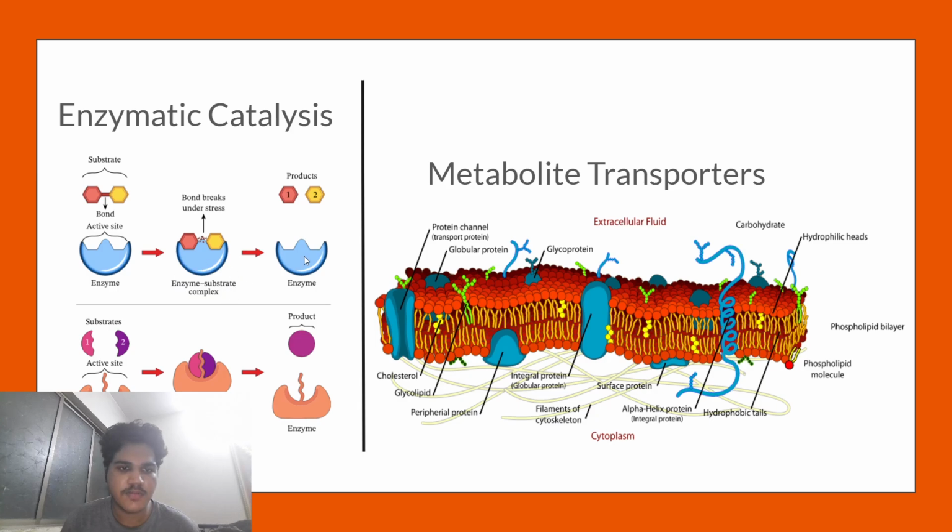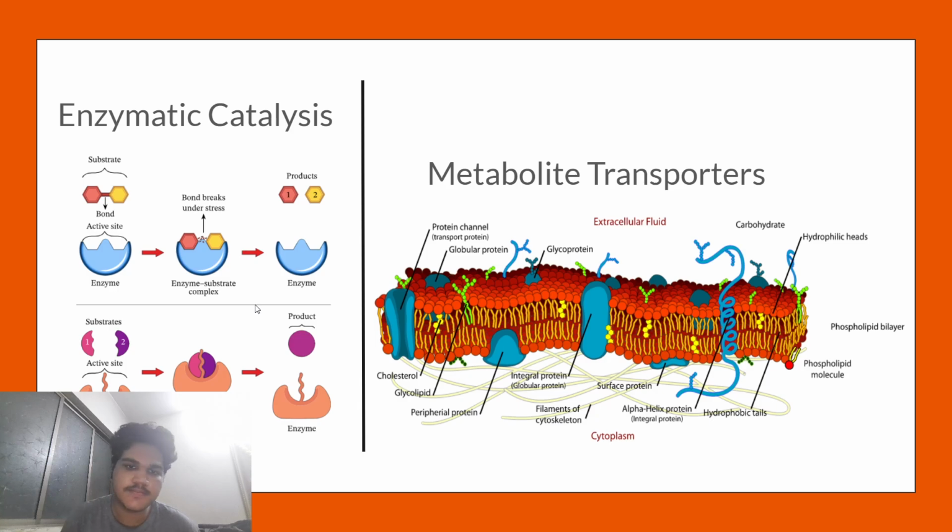After the complex is formed, the enzyme releases the products, and the substrate is then converted into a product. Similarly, the substrate can also bind to the enzyme's active site, and then another enzyme-substrate complex can be formed. The enzyme-substrate complex then leads to the merging of the substrates, leading to the production of a final product.